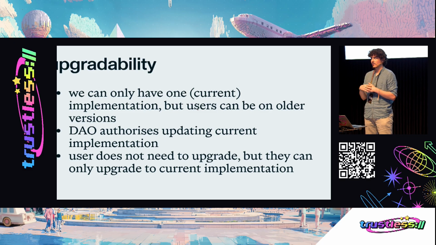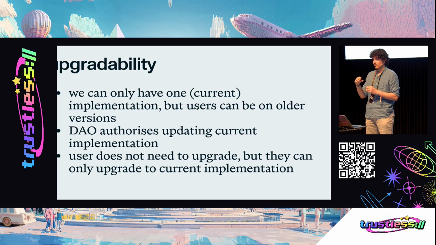So we don't want to restrict to just one implementation, because users should have the option, in case of a malicious DAO activity, to maintain their SCA as is on the current implementation. Or if they just don't feel the need to upgrade, they don't need to upgrade.